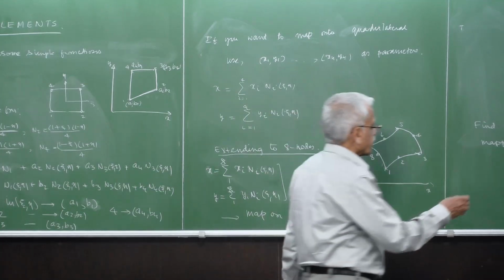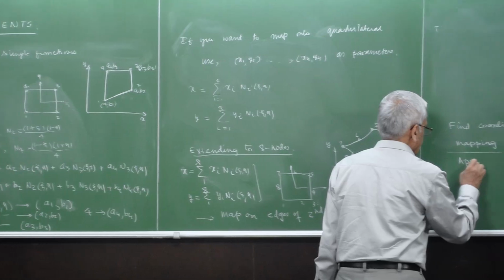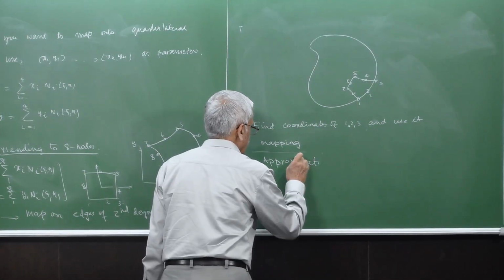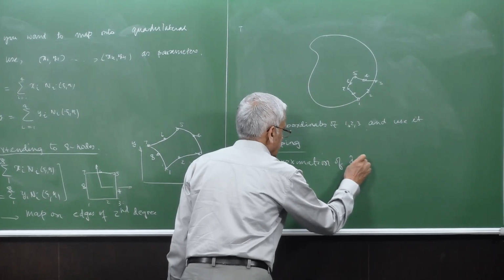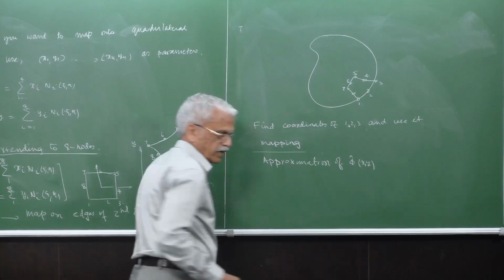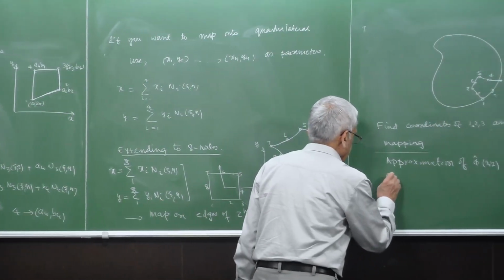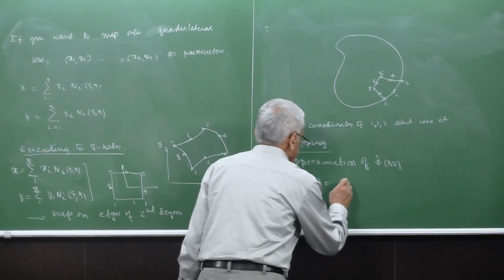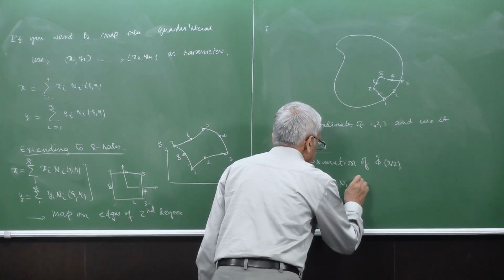What about the approximation here, or the variable of phi hat? So phi hat xy itself now has shape functions, for example, it has N1, phi 1.